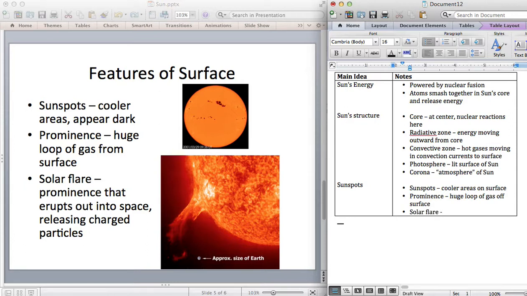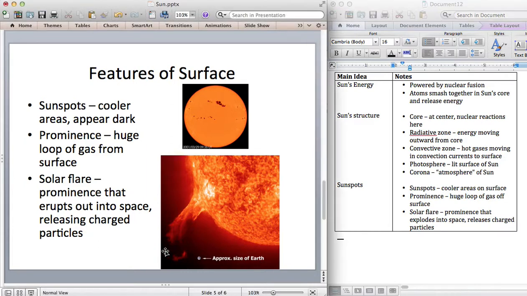So this is related to a prominence, but this is a prominence that explodes off into space. All right, and it releases a bunch of charged particles. And so these charged particles now go streaming off into space super, super fast.